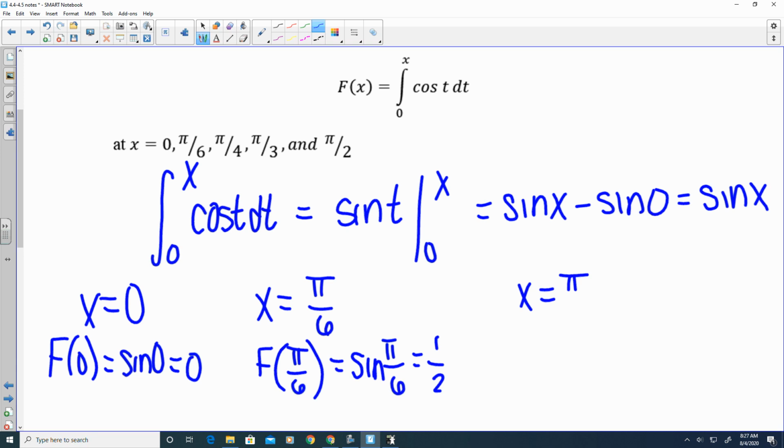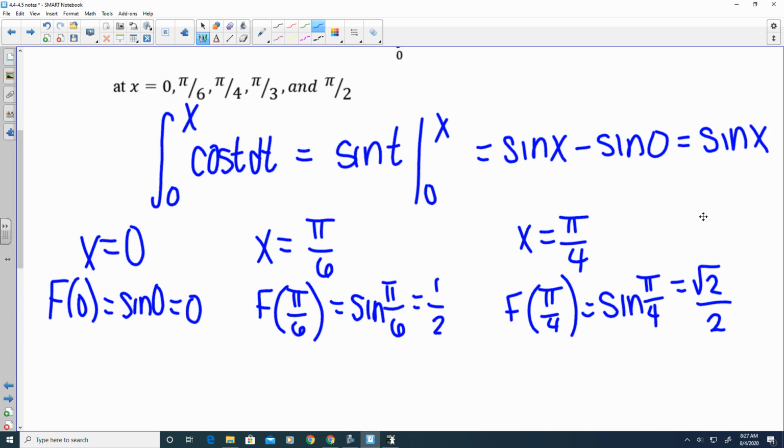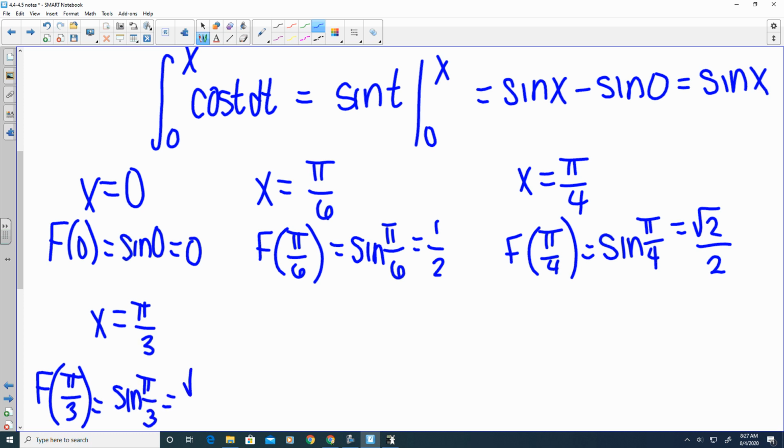Pi over 4, sine of pi over 4 is, I mentioned this one earlier, square root of 2 over 2. Pi over 3, sine of pi over 3 is square root of 3 over 2.